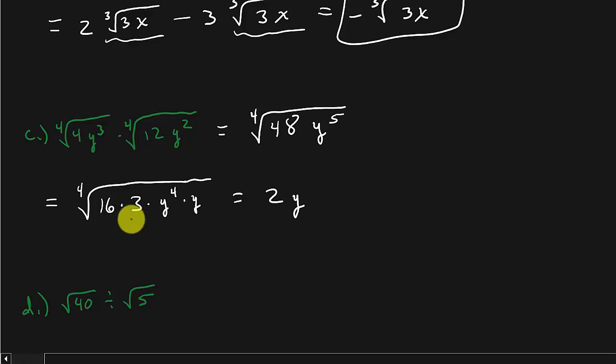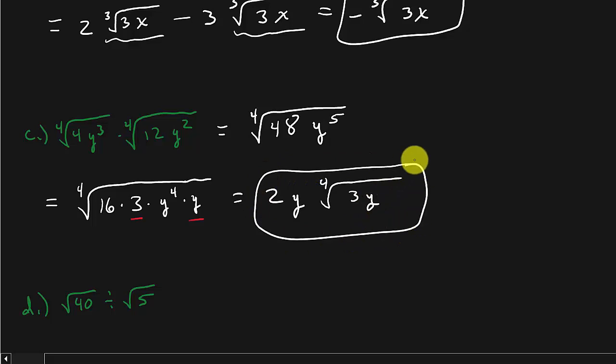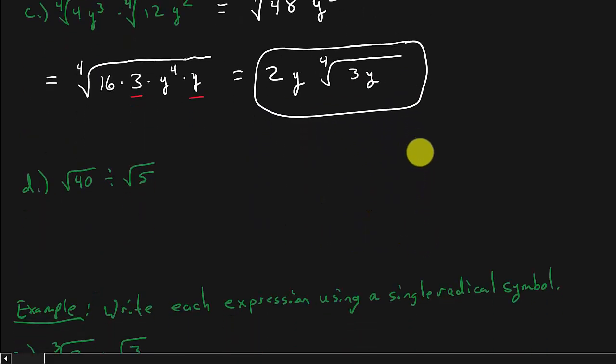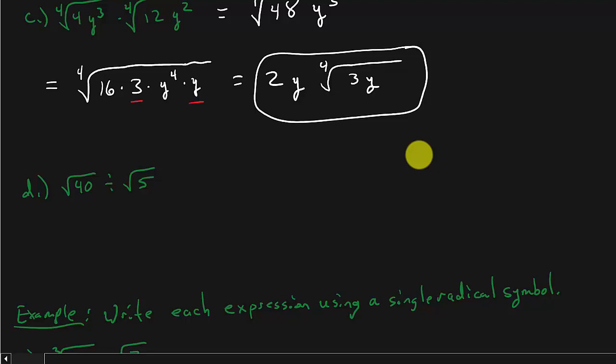And the 3 and the y, well, they're not perfect fourth powers, so they'll have to stay underneath the radical. And so that's times the fourth root of 3y. And there's your answer.